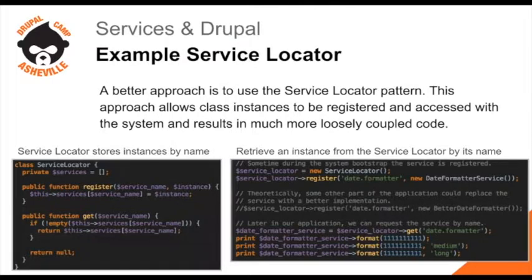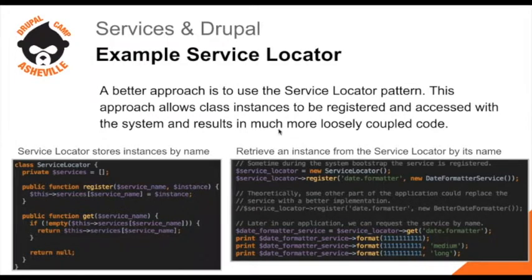On the left I've created a very simple example of a service locator, and you can see that it just has an array called services as a property, and when you register a new service you pass any old class into this register method with a name, and it stores that class in this array of services. Then to retrieve a service by name, you just use this method, get, pass in the service name, and then this locator will return the instance of that class that has previously been registered to you.